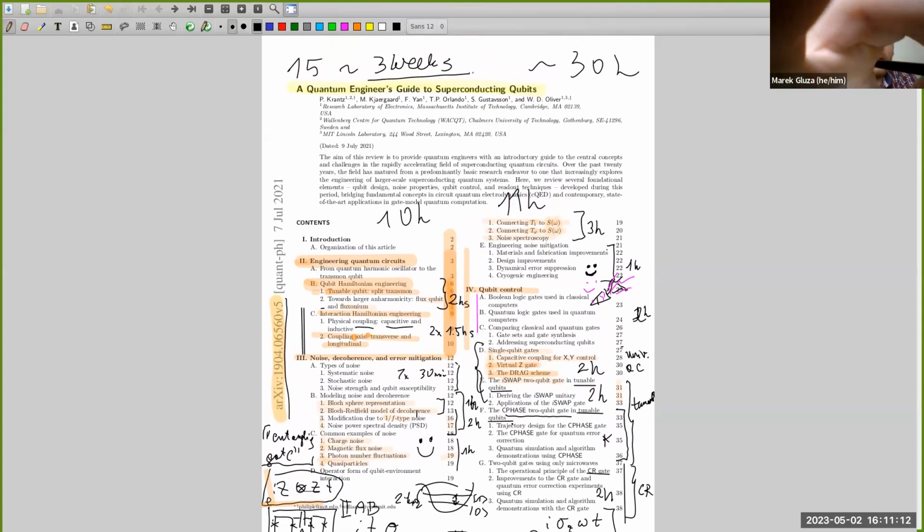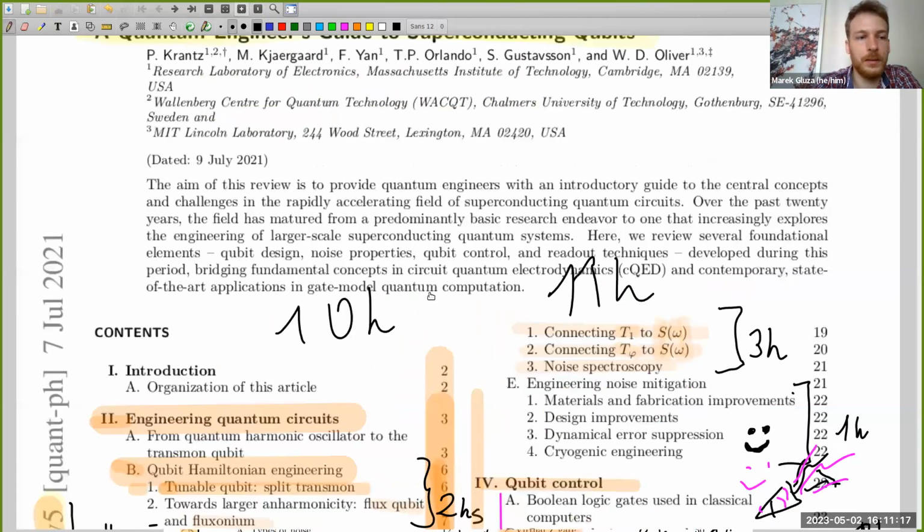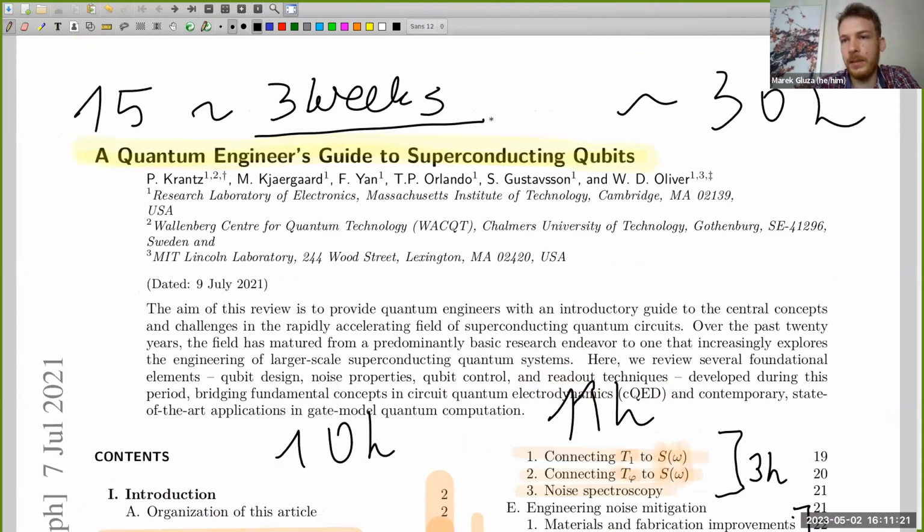So if I summarize this, my estimate is that for an advanced undergraduate student, you would maybe spend 1 month of daily reading to familiarize yourself with the stuff, maybe with lecture notes, for example by Girvin, to supplement the physics if you want to learn a little bit more.